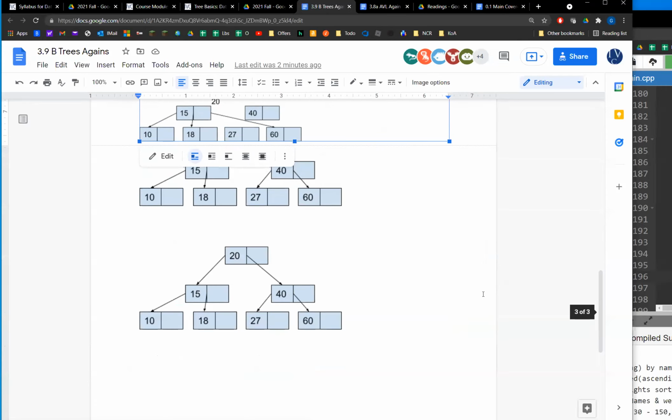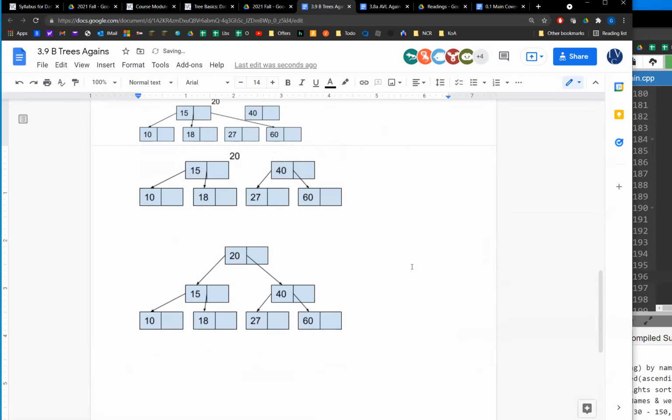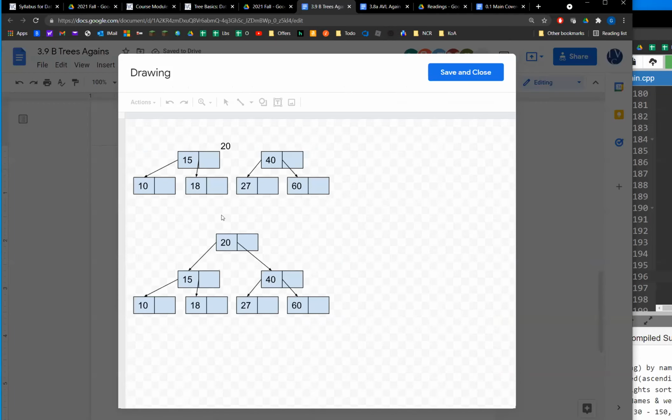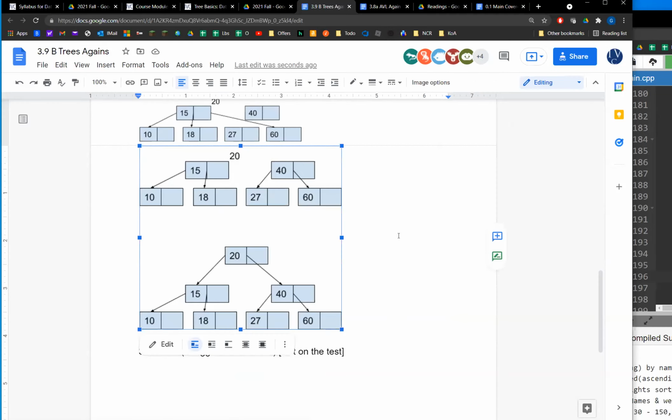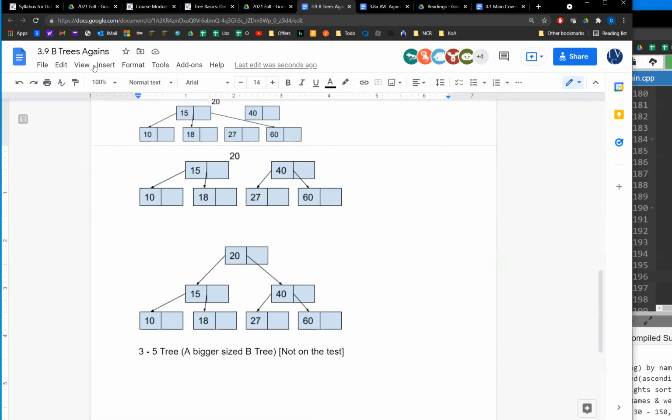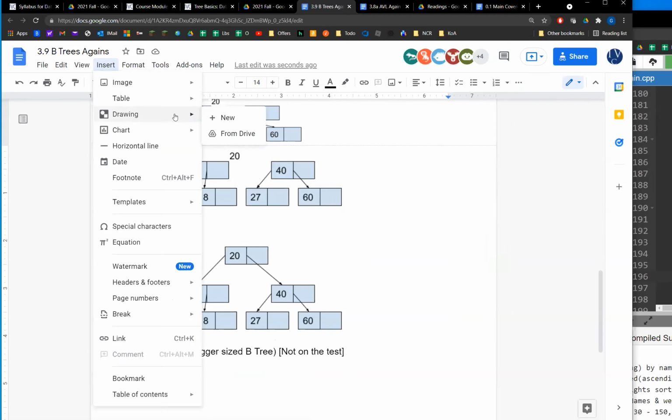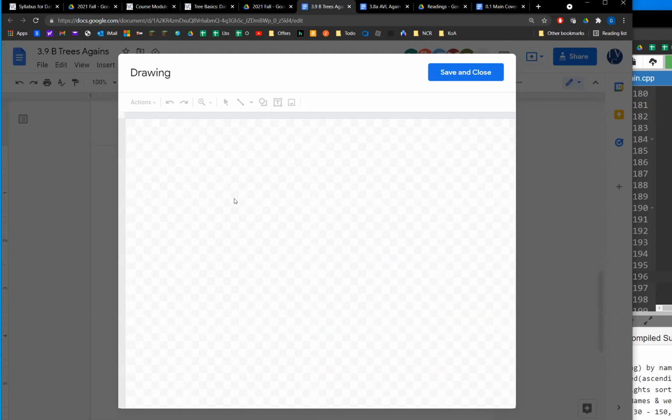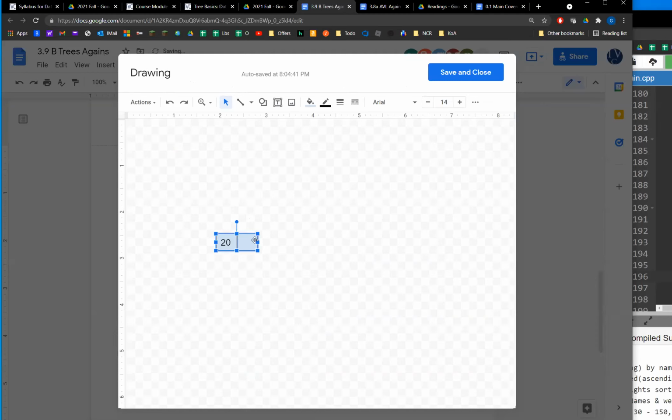So if we wanted to do a 3-5 tree, which is a bigger size B tree, actually more relevant, because 2-3, the reason we're doing a 2-3 tree is because it is just the simplest.